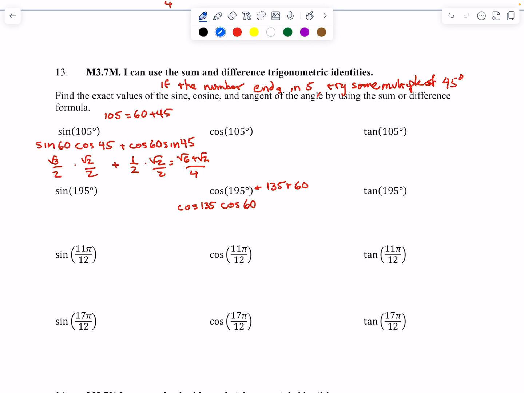Remember that with cosine, it's opposite signs. So if this was a plus, this is a minus.